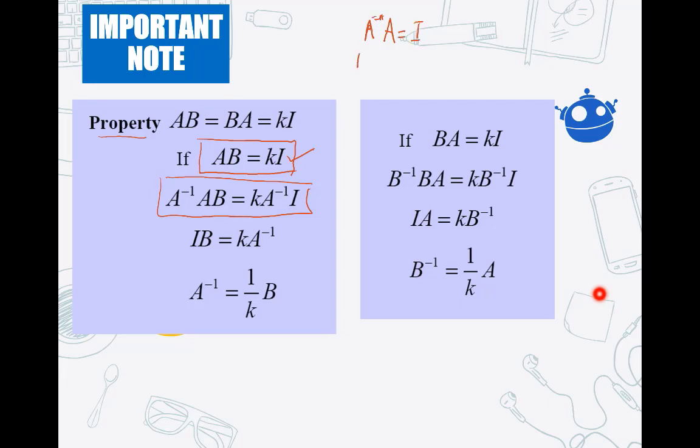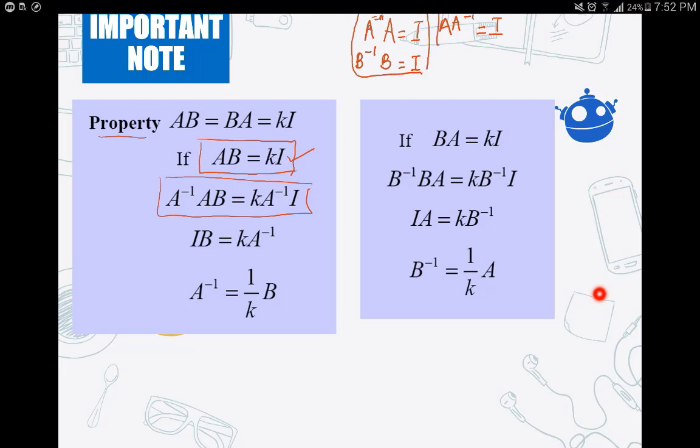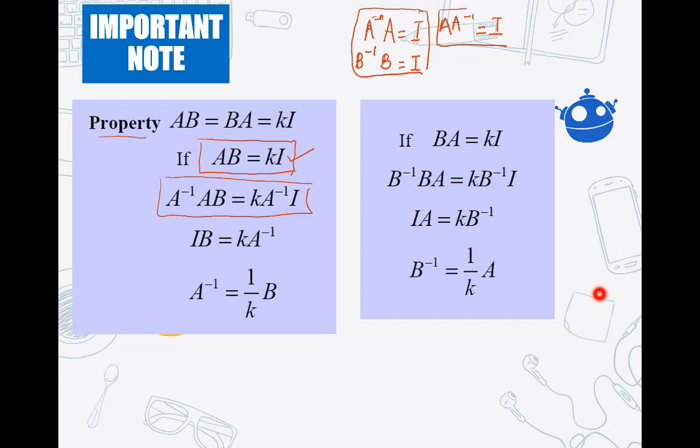Any matrix, let's say B inverse multiply with B, we will be getting identity. Same, if we have A multiply A inverse, we will also be getting an identity matrix. So you must understand this first. This is property of matrices. If you understand this, you can do this part.